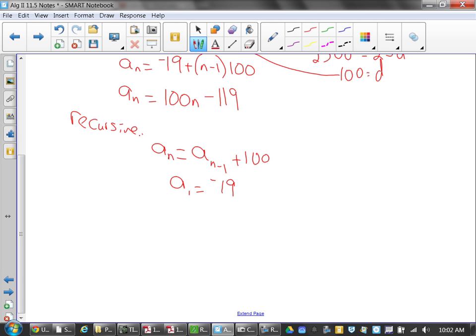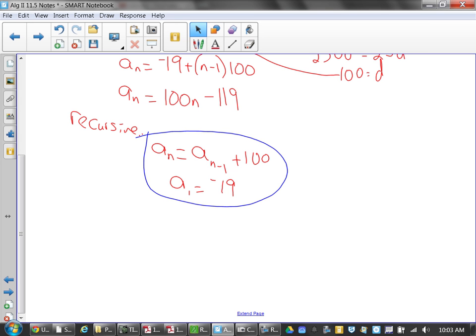Remember, in the very first part when we wrote out the explicit, we had to figure out what our first term was. But what's the recursive? It's both parts put together, because this recursive rule is dealing with this specific sequence. It's a subscript.